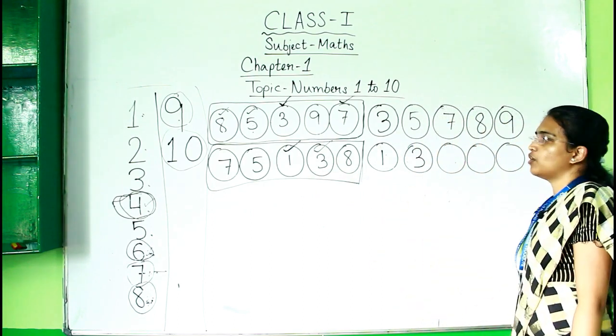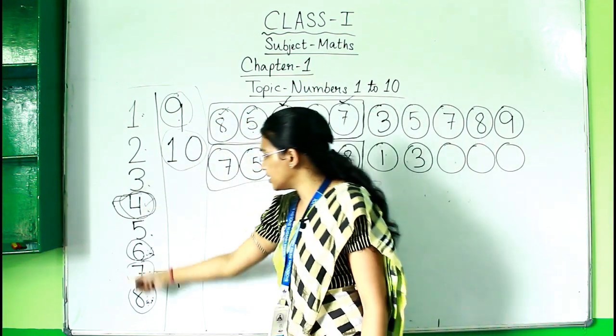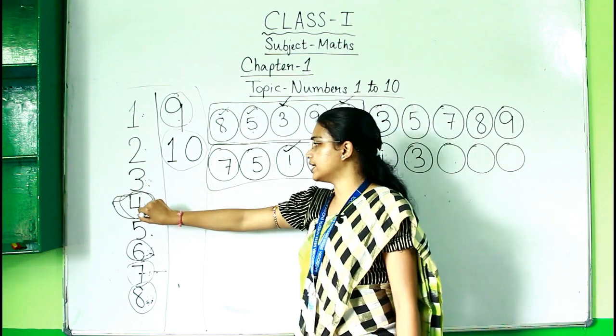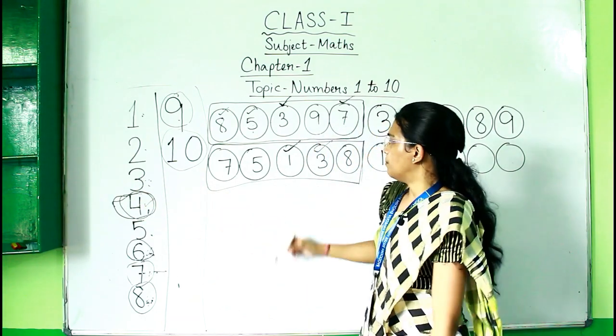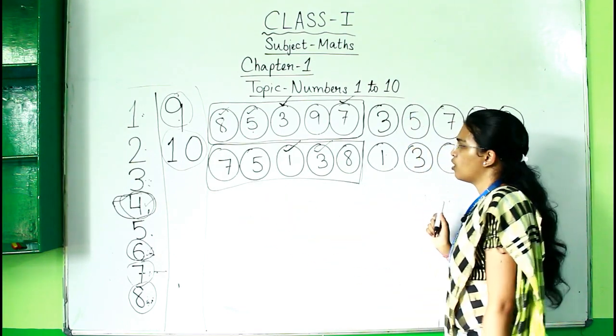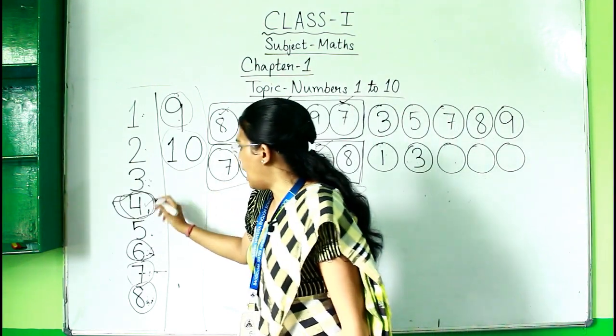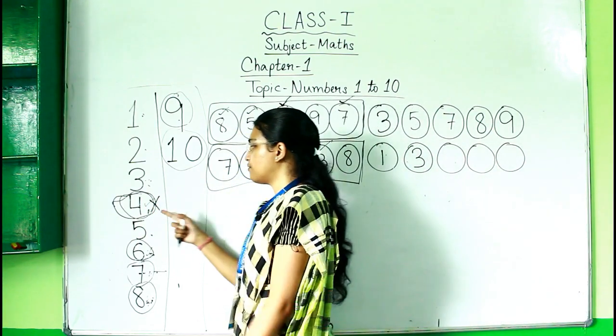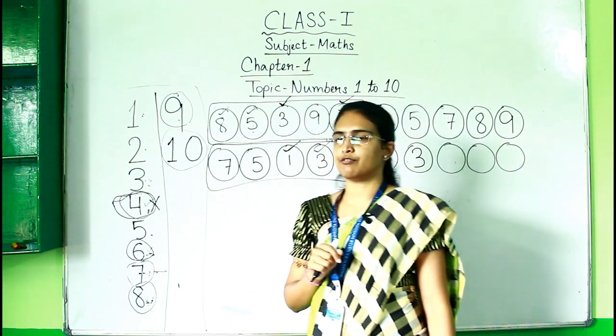Okay. After 3, what comes after 3? Look at the chart again. After 3 we have written 4. But is 4 there? No. So we have to cancel 4. Then what comes after 4? 5.